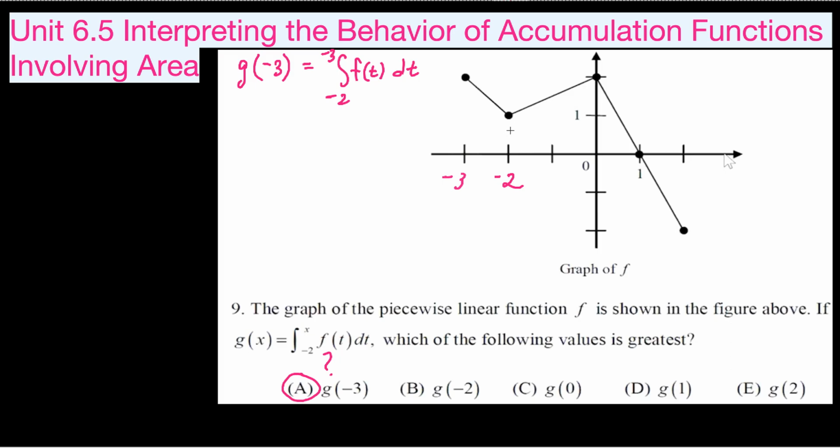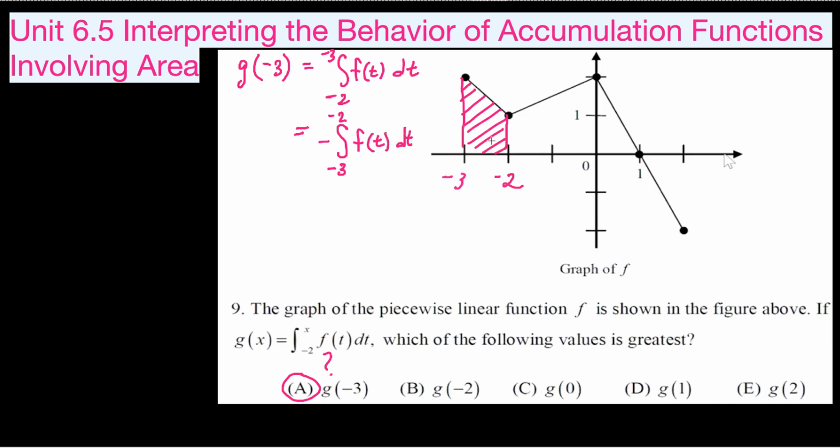This integral from here to here is going to be negative because you're integrating backwards. If we flip this the more comprehensive way, this is equal to the integral from negative 3 to negative 2, but then negative, using the fact that we can swap the bounds of integration.